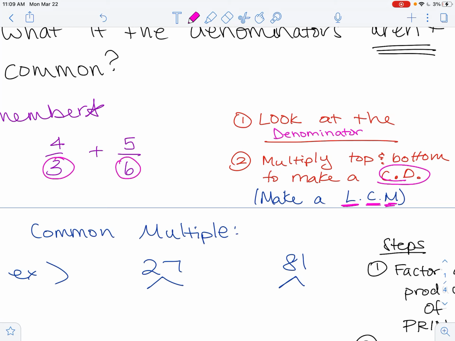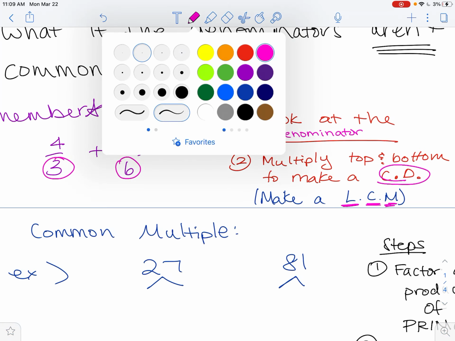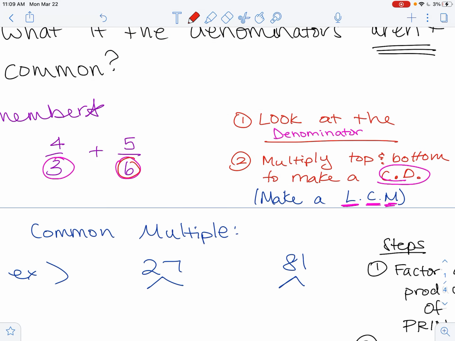I know 3 and 6 can both become a 6, right? So 6 is going to stay the way it is, but this 3 needs to multiply by 2. So we're going to multiply it on the top and the bottom here, right? Whenever I multiply something to the top, I have to do it to the bottom and vice versa. So I end up with 8/6 plus 5/6.